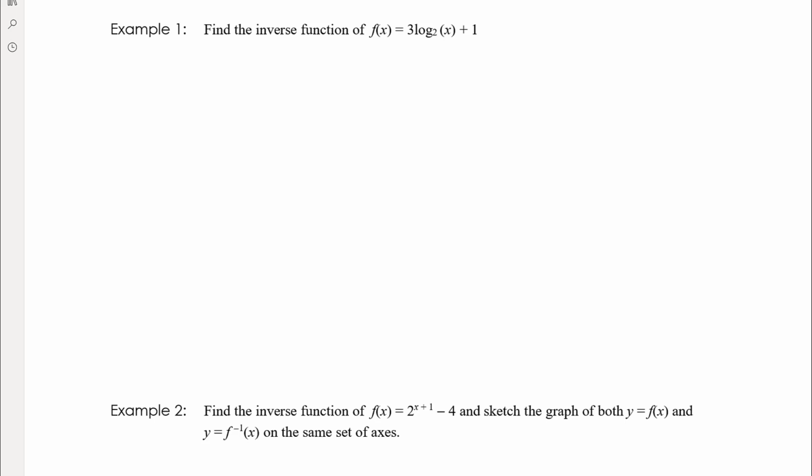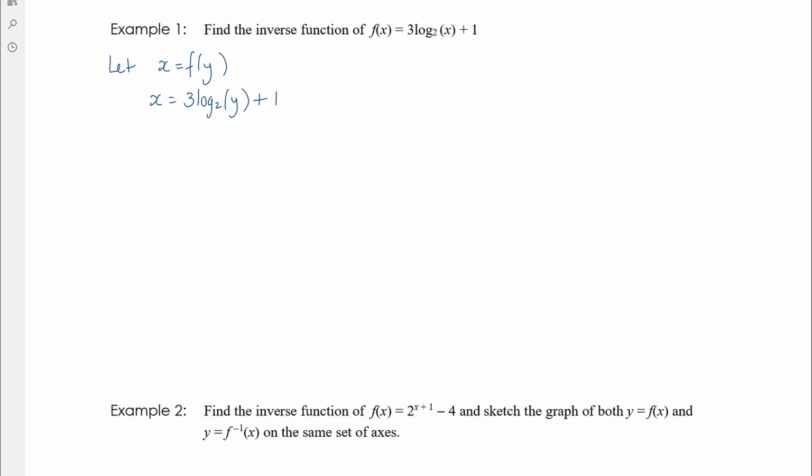It's really important that you don't write mathematically incorrect statements here. So I'm going to do 2 things at once by straight away letting x equal f of y, which immediately gives me x equals 3 times log base 2 of y plus 1. And we've swapped x and y, we've introduced y into the problem and swapped x and y all at once in that first step.